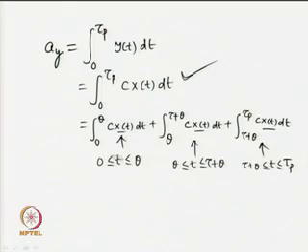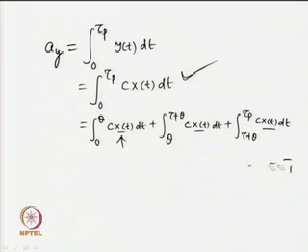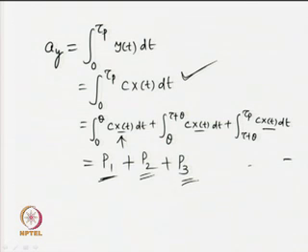Now, I shall go on substituting the expressions for x(t) for different time ranges. So, let us write this area y as 3 parts, P1 plus P2 plus P3, and try to find the parts individually initially before combining and finding the final area of the output signal.